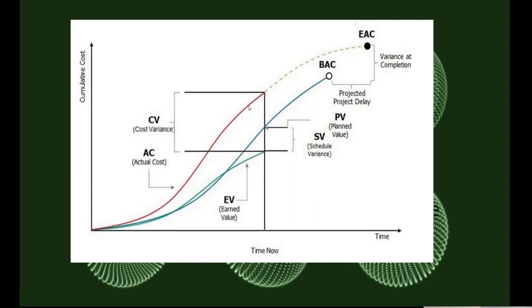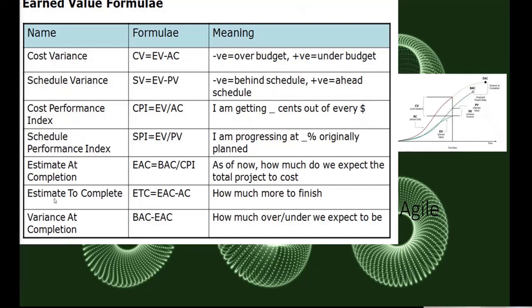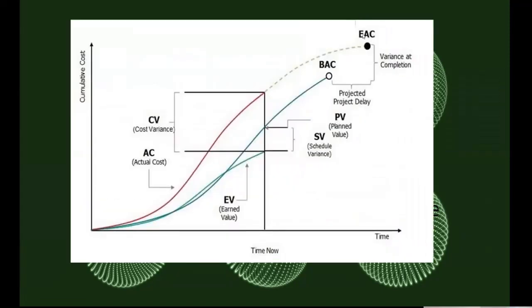And then if I spend at that rate, it will give a projection of how much money I need to complete the project. It's called estimation at completion.